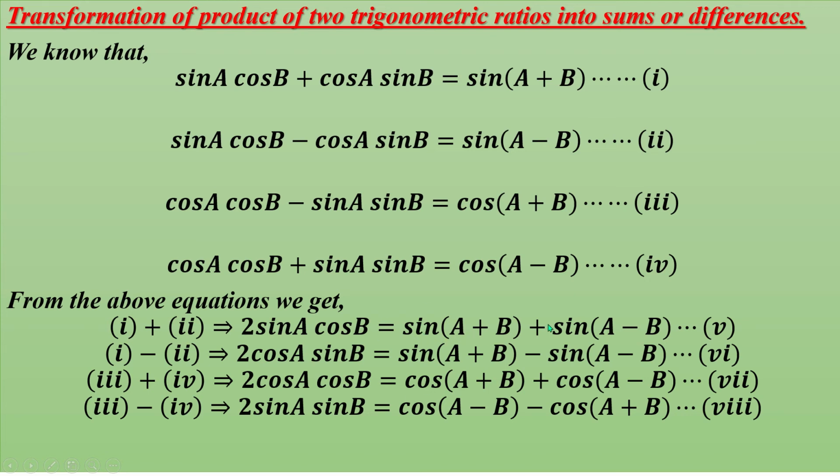Here will be sin c plus sin d, and after adding these two we'll get 2a equal to c plus d. Therefore a is equal to (c plus d) by 2. Similarly b is equal to (c minus d) by 2. Clear? Similarly others also we can derive. Now follow next.